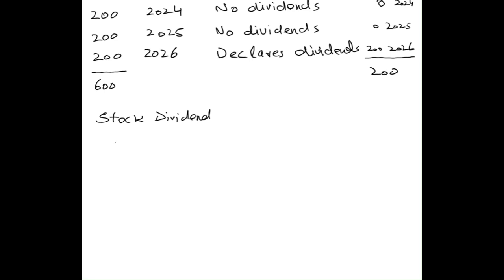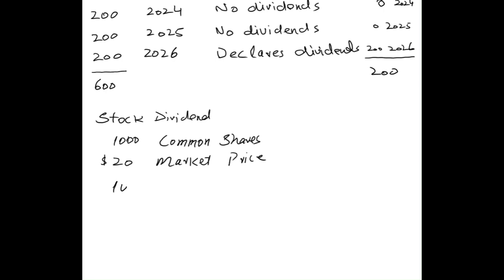So again, let's say a company had 1,000 common shares outstanding. And the market price for these common shares at this time is, let's say it's $20. So that is market price.